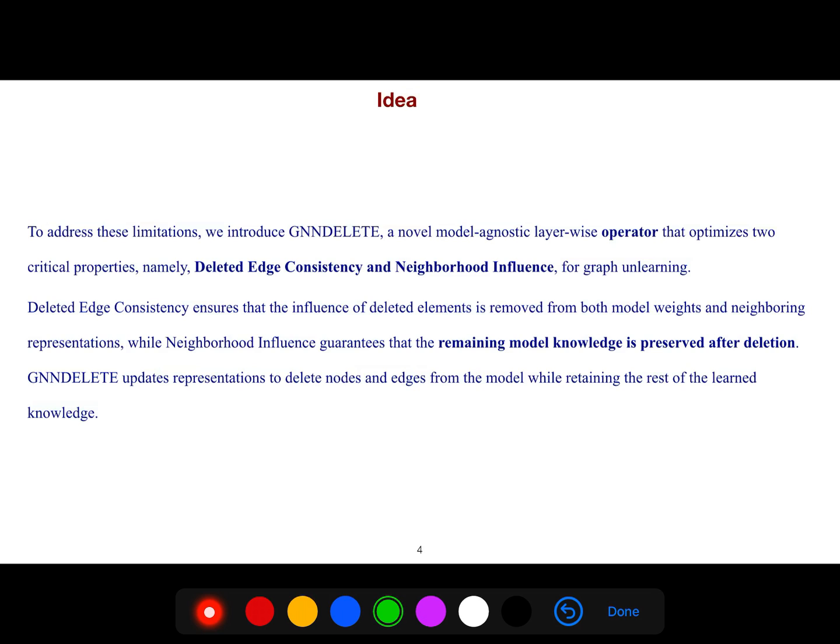Deleted edge consistency ensures that the influence of deleted elements is removed from both model weights and neighboring representations, while neighborhood influence guarantees that the remaining model knowledge is preserved after deletion. So it updates representations to delete nodes and edges from the model while retaining the rest of the learned knowledge.